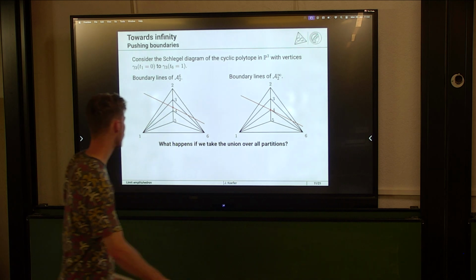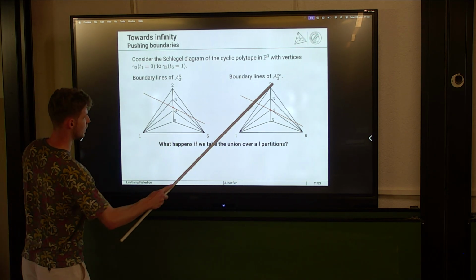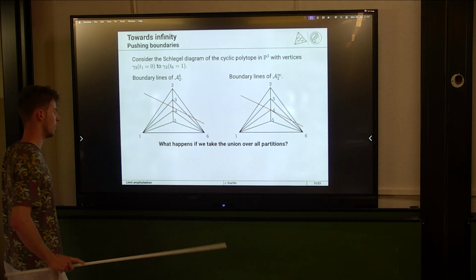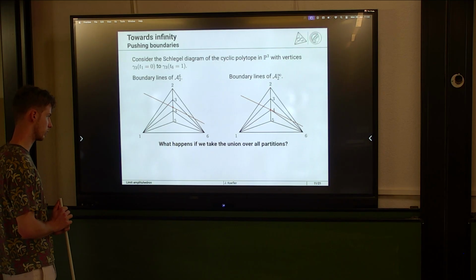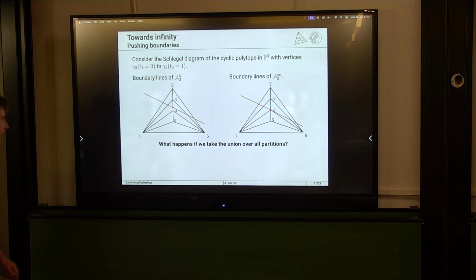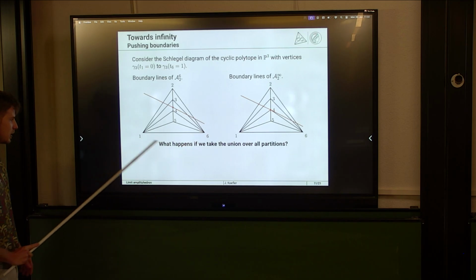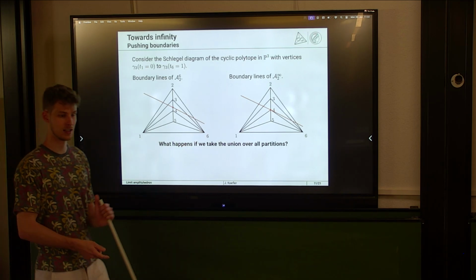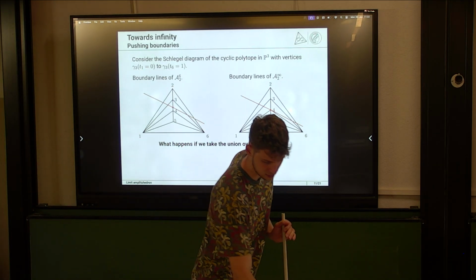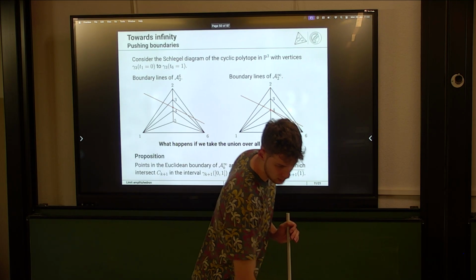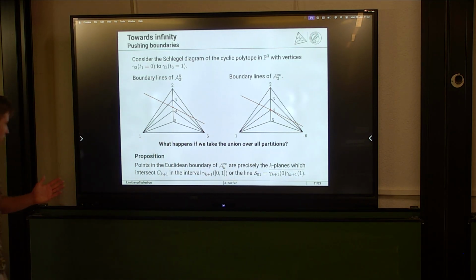Okay. So now I claim these are precisely boundary lines of our limit amplituhedron. But of course, this is only for one choice of Z matrix. So what happens if you take the union of our amplituhedra? Well, we're going to get the following proposition.